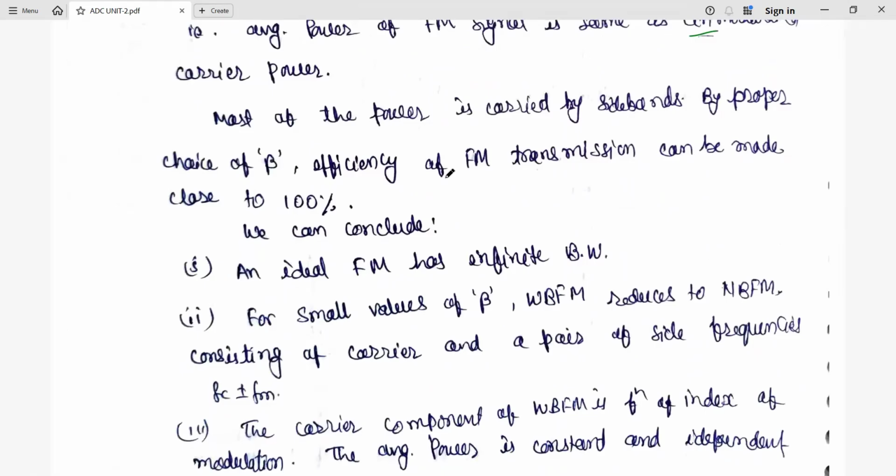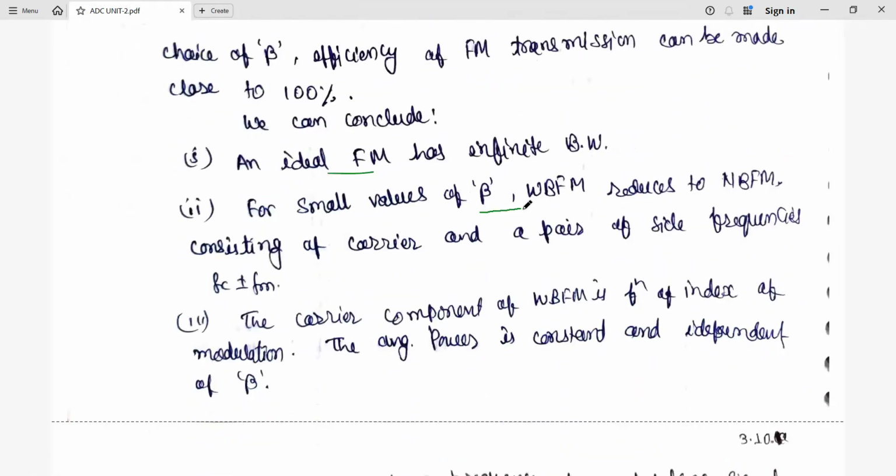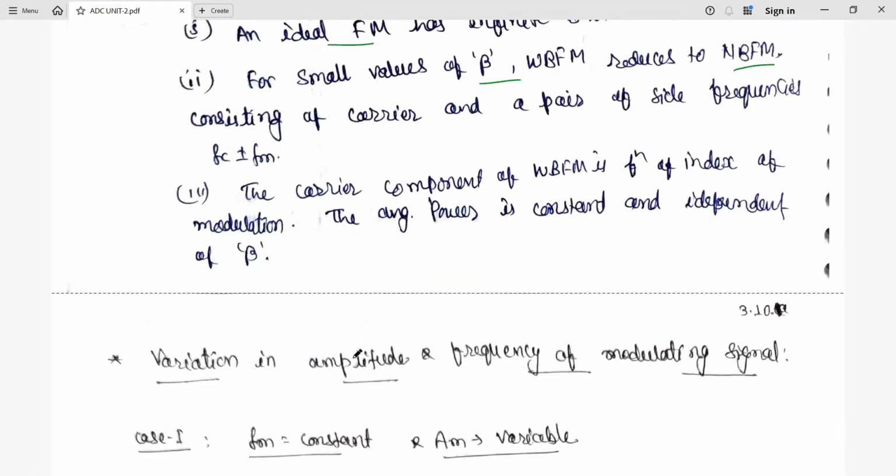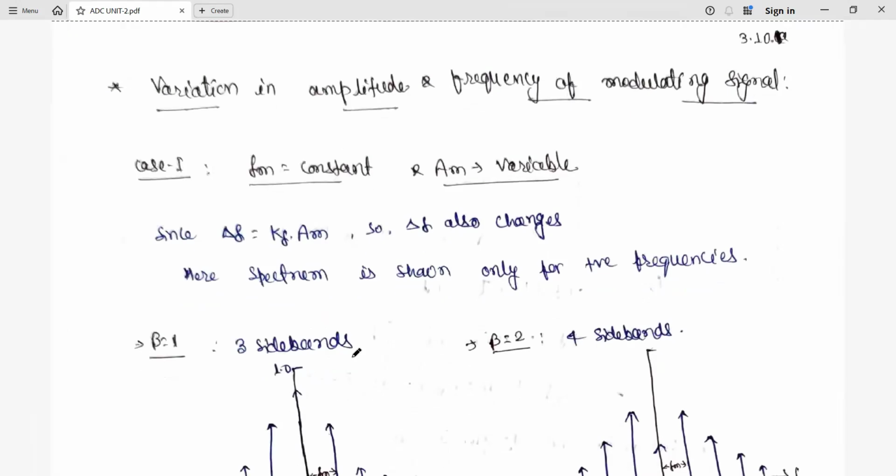Now, an ideal FM has infinite bandwidth, and some properties are here. For a small value of beta, wideband FM reduces to narrowband FM. Again, the carrier component of wideband FM is a function of the modulation index.